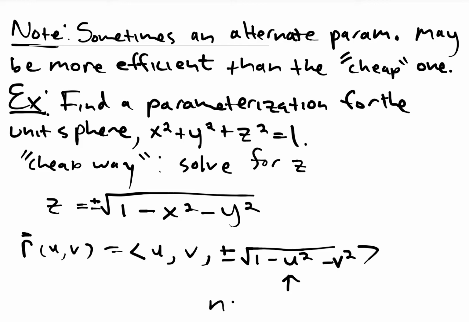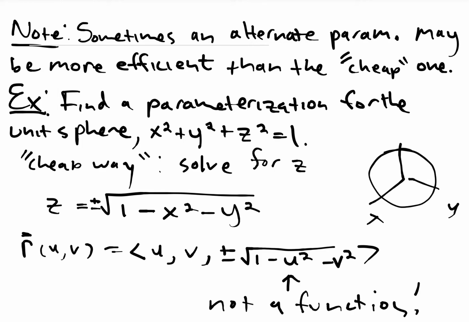Big red flag here, this is actually not a function, right? The way that functions work is if you plug in a unique point, you are supposed to get a singular output back. This is suggesting I plug in a point and I might get one of two things. Now, the reason for that is this. If you think about a sphere in 3 space, it doesn't pass the vertical line test.